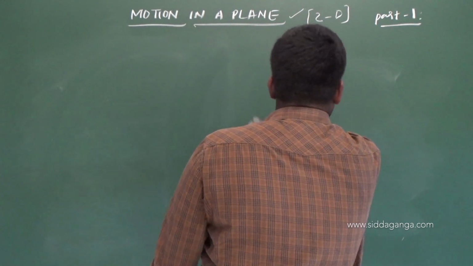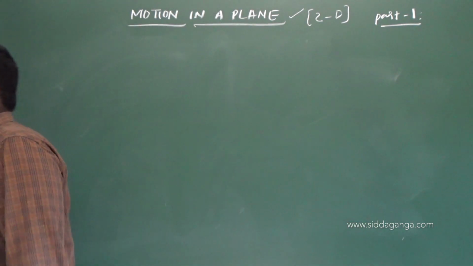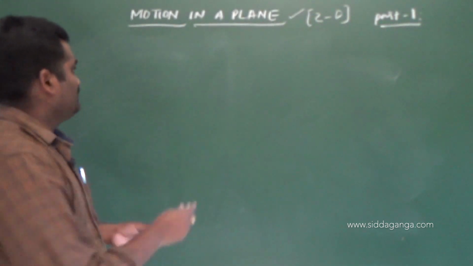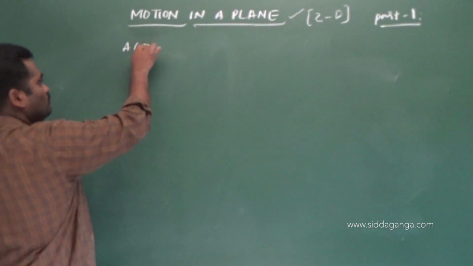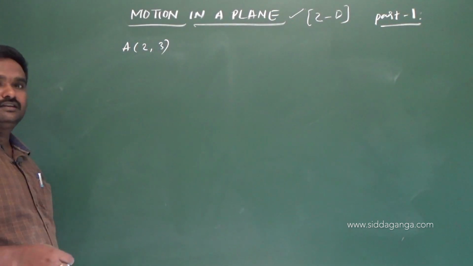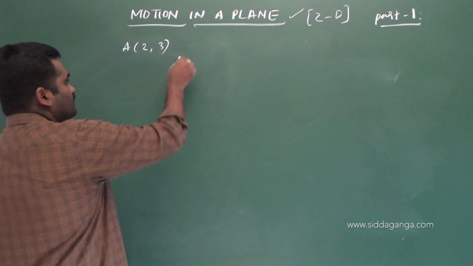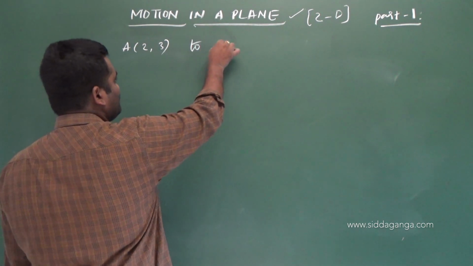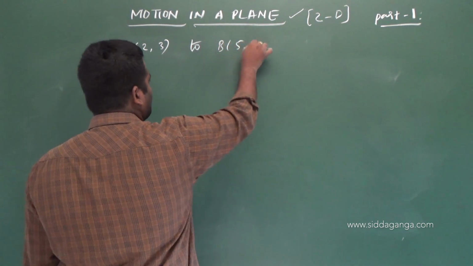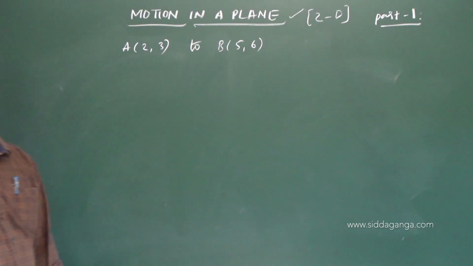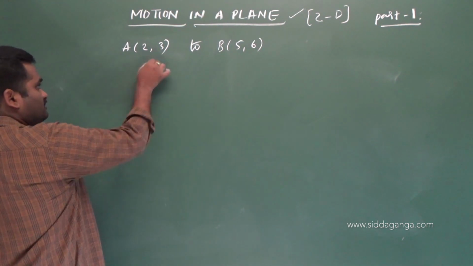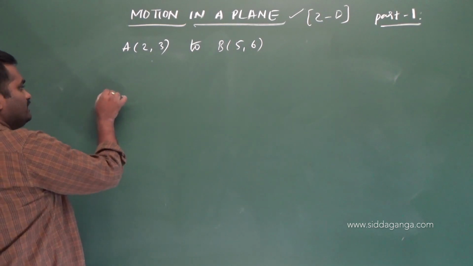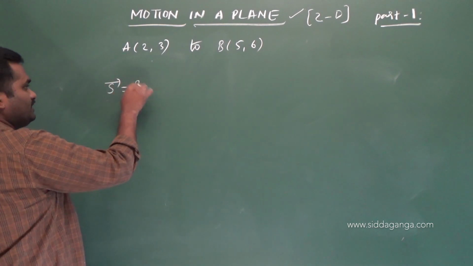Like the particle started from A (2, 3) and ended up at B (5, 6). Then what is the displacement of this particle moving from A to B, they will ask. What is the value of displacement, they will ask.